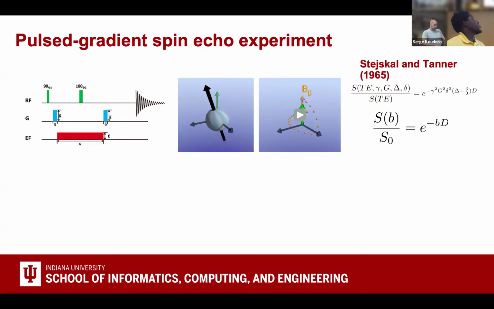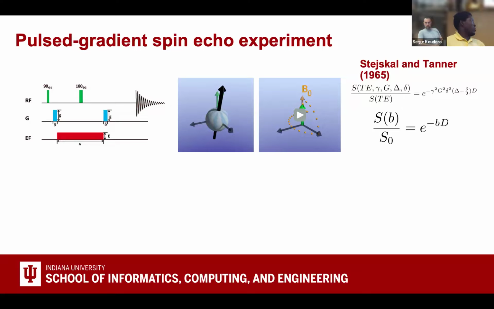So you have, for example, here the delta, the time between the two pulse gradients. You have also the G, which represents the gradient strength, etc. And our ultimate goal is to find the D here, our coefficient that models our signal loss.